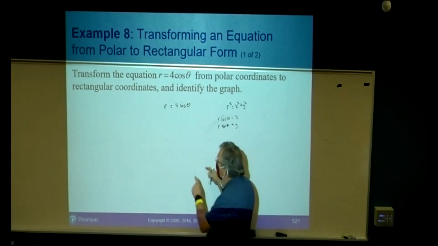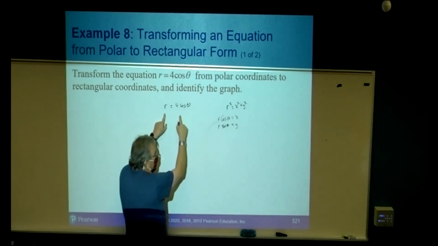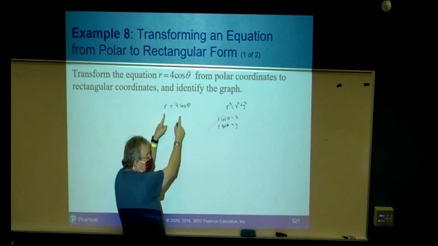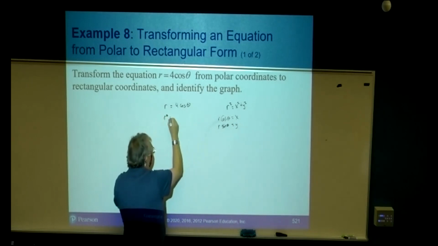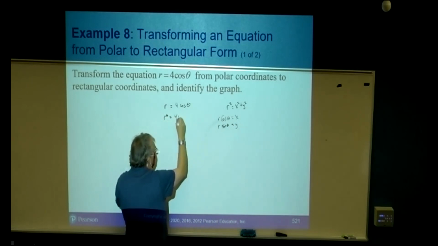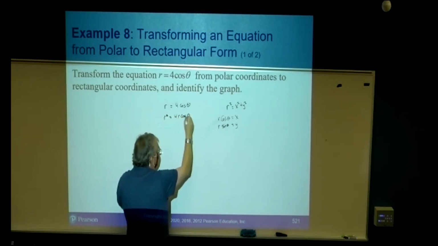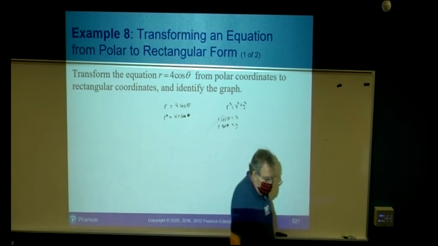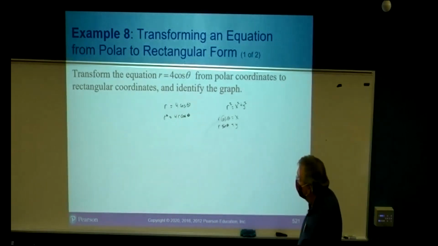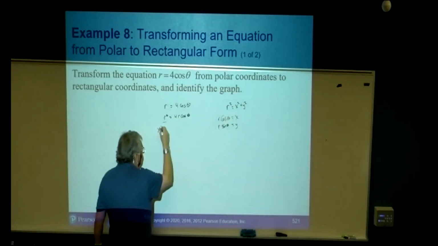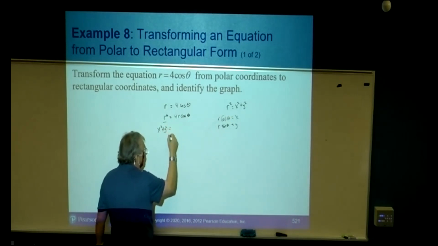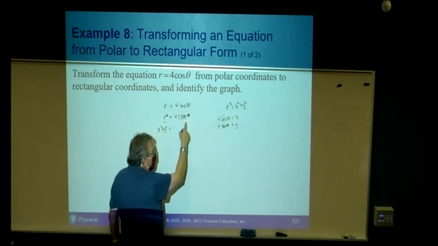So if I multiply both sides by the same number, I'm not changing what r and theta are. I'm changing what the expression looks like. So this becomes r squared equals 4 times r cosine theta. Now I have r squared, which is x squared plus y squared. And I have r cosine theta, which is x, so this is 4x.